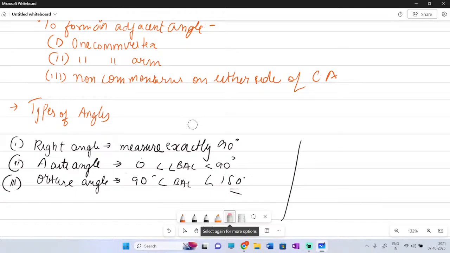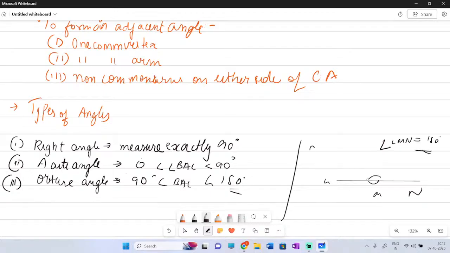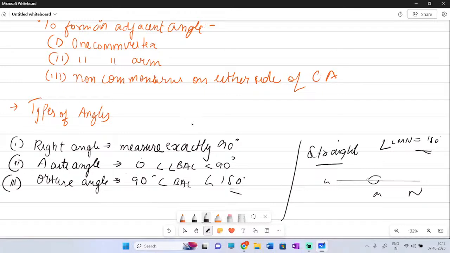Then straight angle. This is the straight angle, LMN. So angle LMN equal to 180 degrees. Then reflex angle. You have to draw like this.